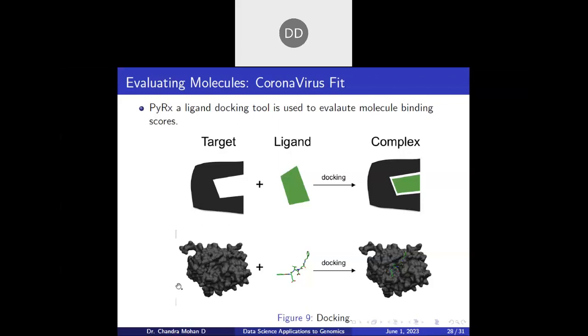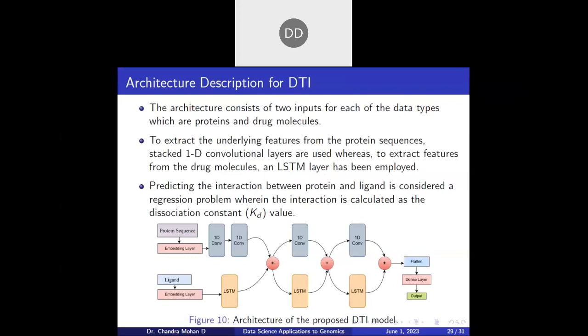This is a protein. Next, another mechanism is we can build our own deep learning models to find whether a drug target interaction exists or not. For that, we require a pre-processed data set.